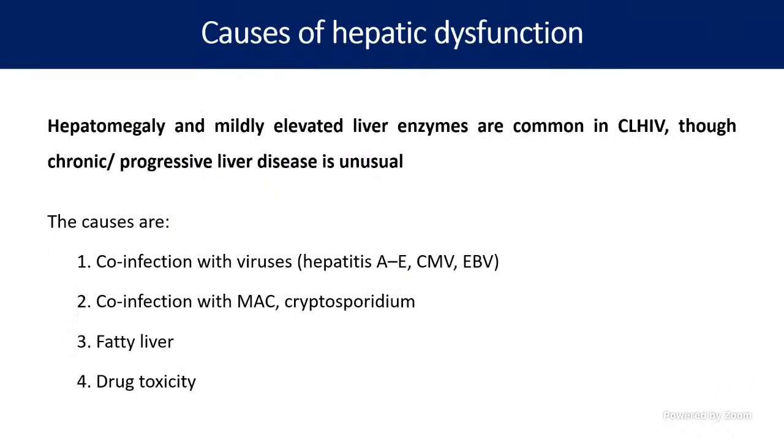Okay, hepatomegaly will be there, raised enzymes will be there. It may be a chronic or progressive liver disease, and causes can be hepatitis A infection, E infection, D infection. It can be part of a co-infection. Drug toxicity, as we rightly said in the starting, all our ART drugs also can cause liver toxicity. Okay, and the child can have fatty liver because of malnutrition.